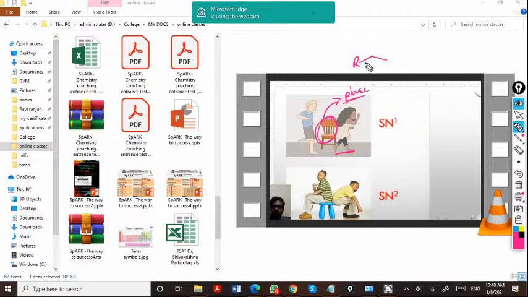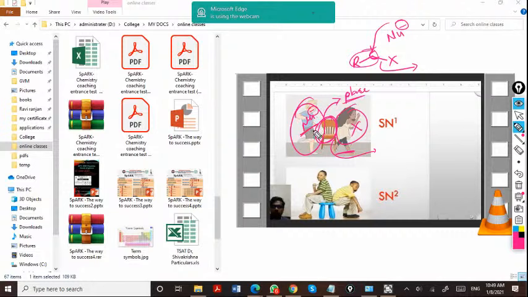This is the alkyl halide's carbon, and here the halogen is there. In SN1, after the elimination of this halogen, the incoming nucleophile can take place.